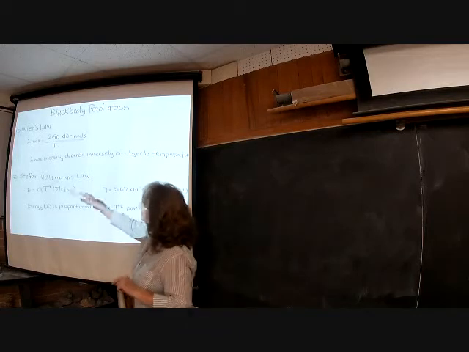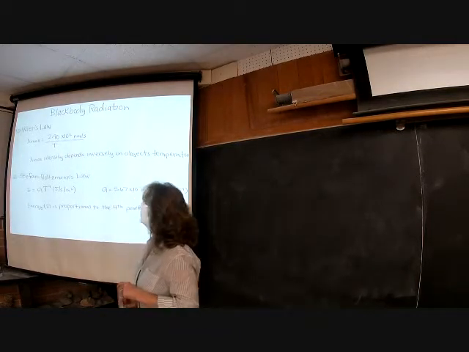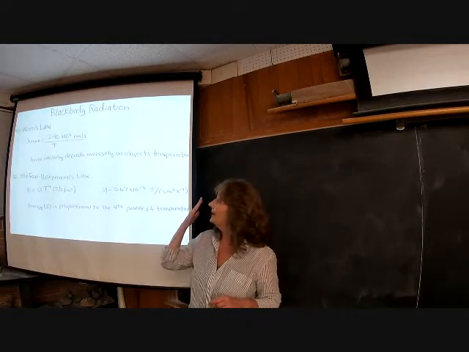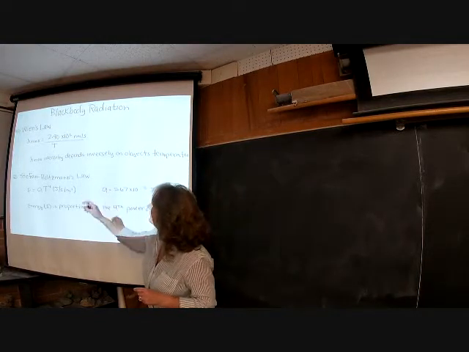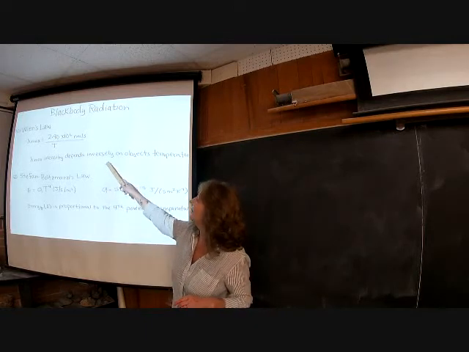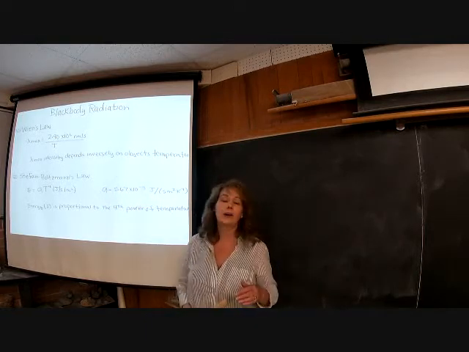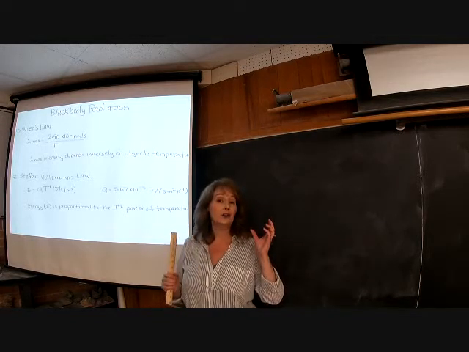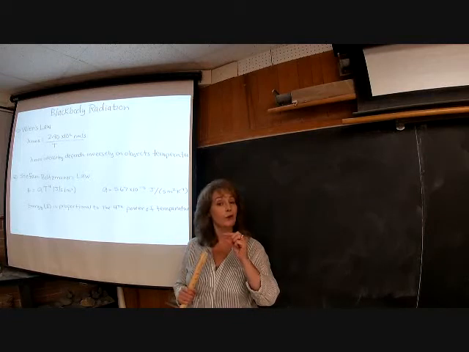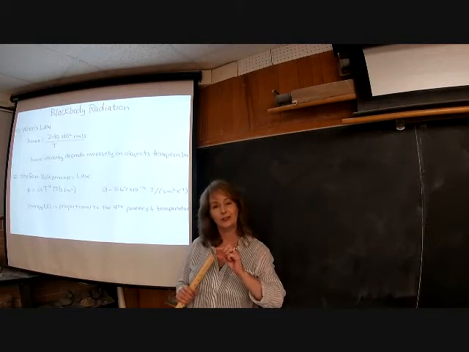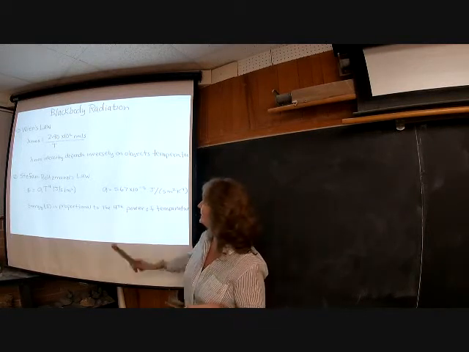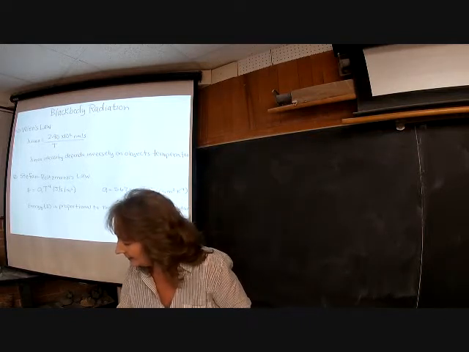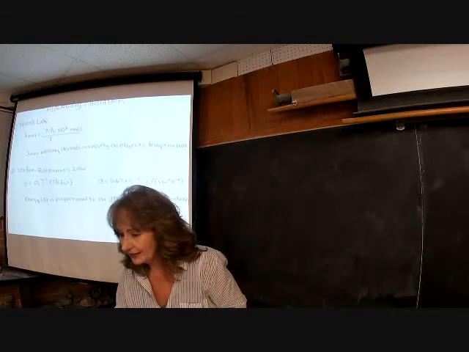Divided by the temperature, and of course the temperature is going to be in Kelvin. So the wavelength of maximum intensity is inversely dependent on the temperature. The higher your temperature, the shorter your wavelength. That's an inverse relationship to the object's temperature. That is Wien's law.